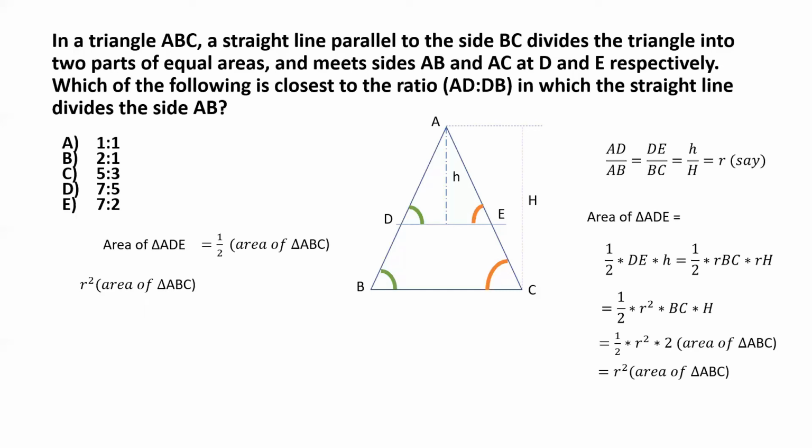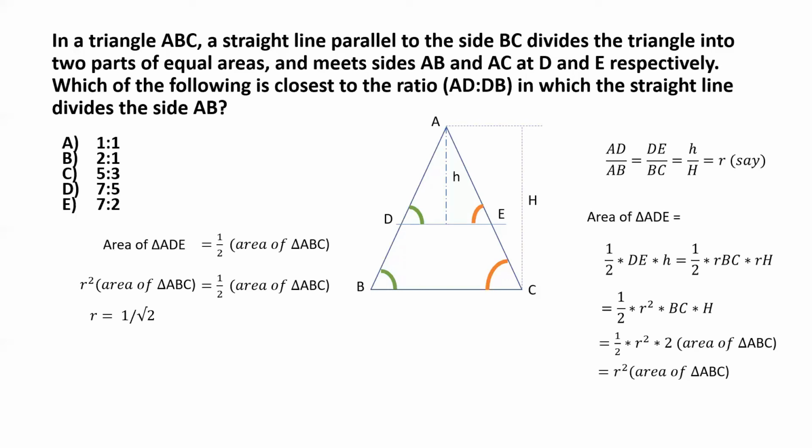So we just substitute that on the left hand side, and we get R square multiplied by area of triangle ABC is equal to half area of triangle ABC. From here, we get R square is equal to half, because the area of triangle ABC gets cancelled out from both sides, and from that we get R is equal to 1 over root 2.